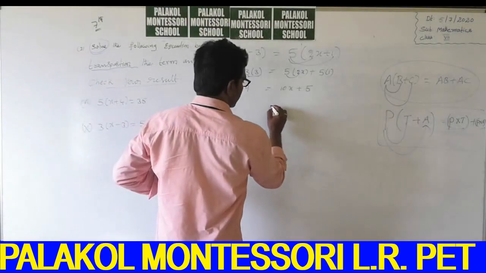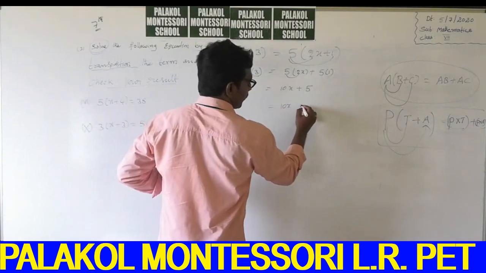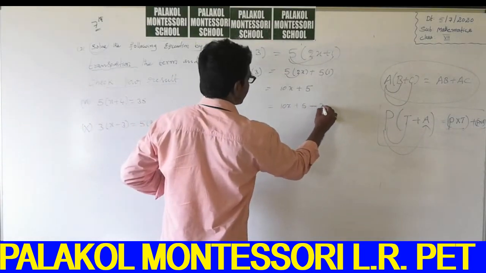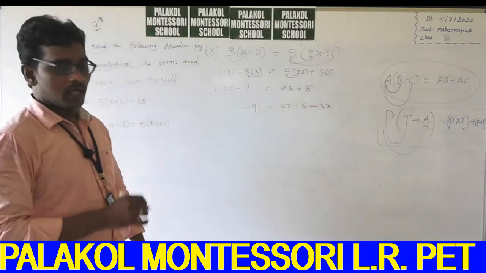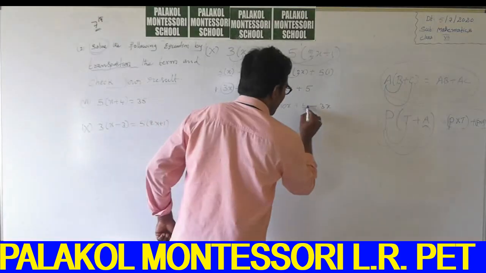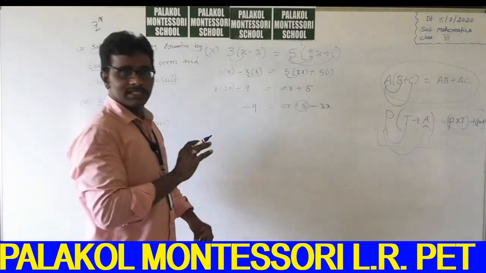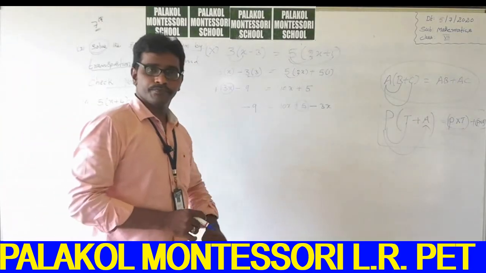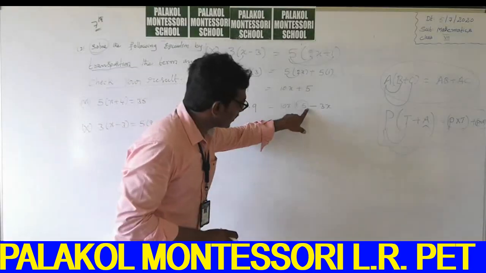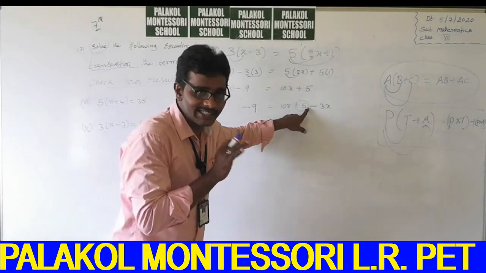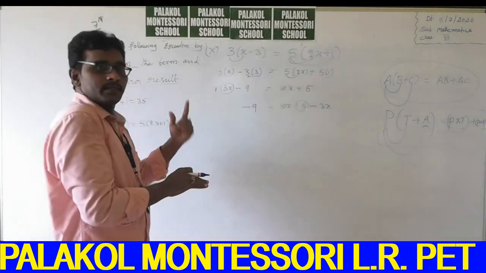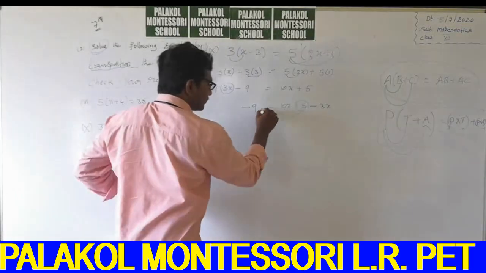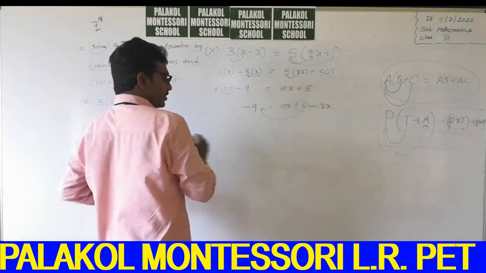So 10x plus 5 minus 3x. Here remaining is minus 9. Now the term without x, that means the constant term plus 5, since x is not there, is a constant term. Send this to that side; plus becomes negative.